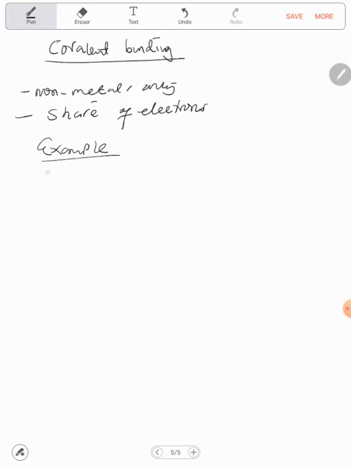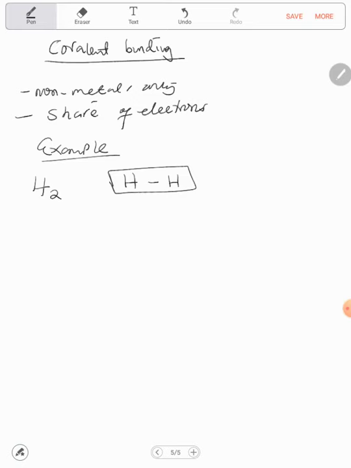Let's say hydrogen. It's a compound made of two hydrogen atoms. How can we write the valence electron shells of this bonding? Now remember, hydrogen, for it to be stable, needs two electrons.